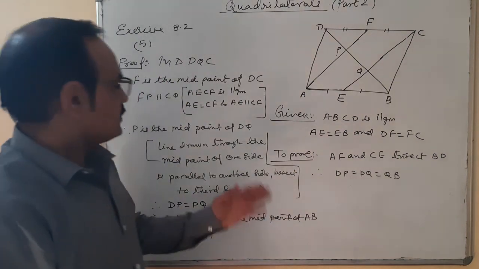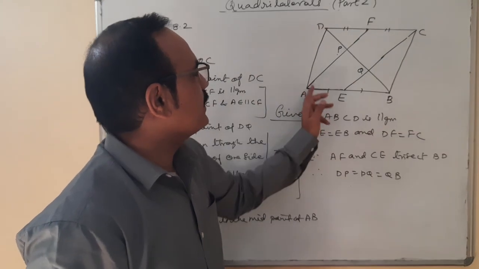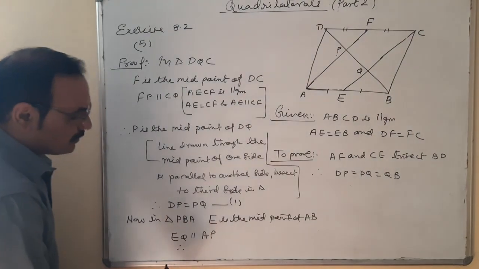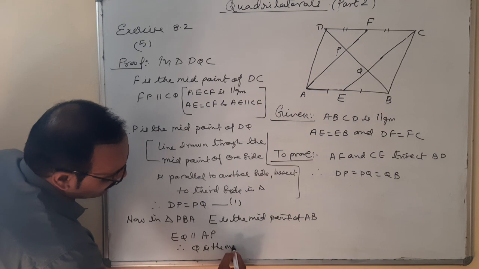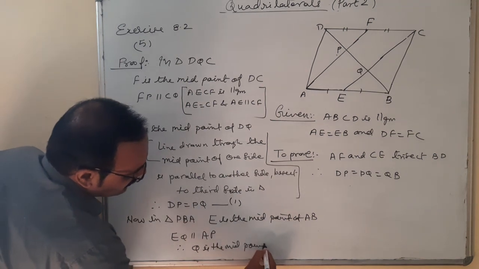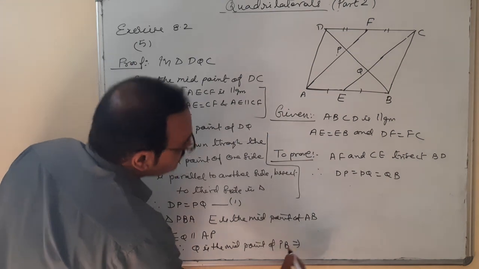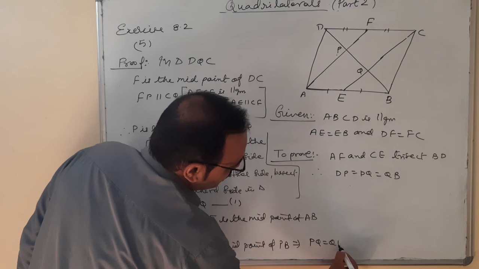Therefore, by the same theorem statement, Q is the midpoint of BP. Therefore, Q is the midpoint of PB. And this means PQ is equal to QB.